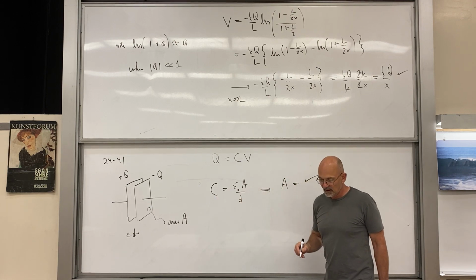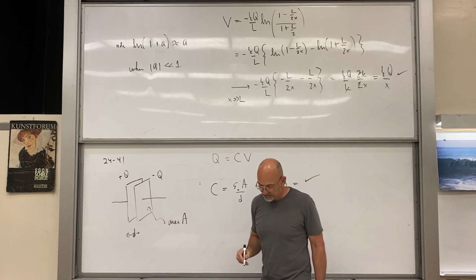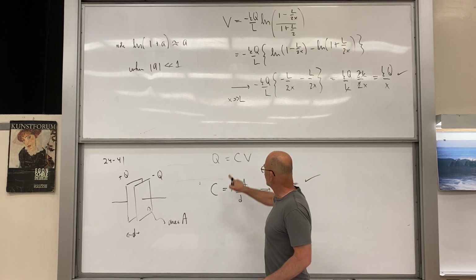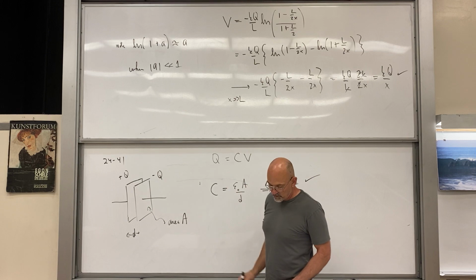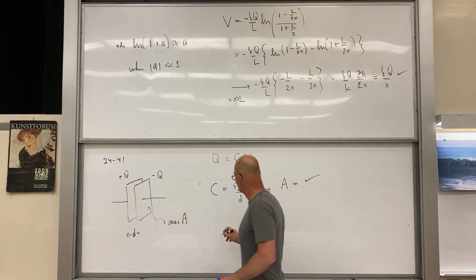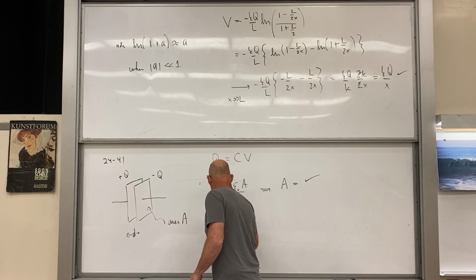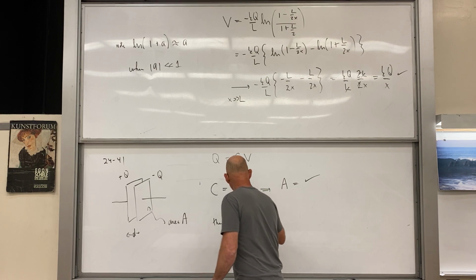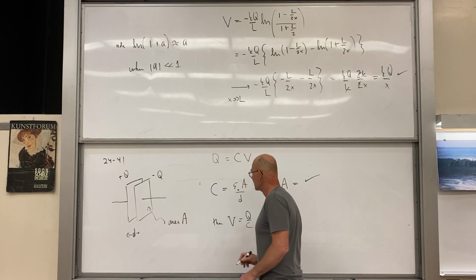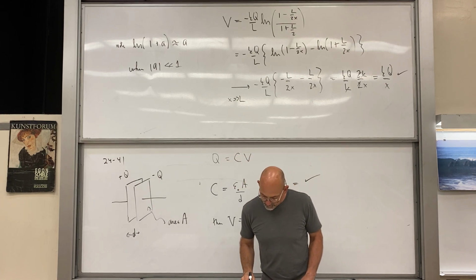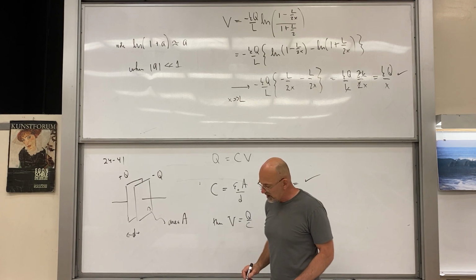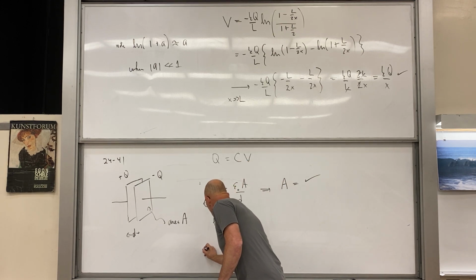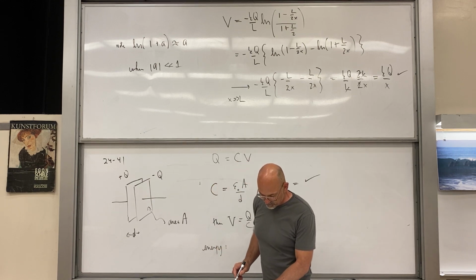Okay. What else was in the problem? And then from this, what were we solving for? V. So V is equal to Q over C. And they may have asked for the energy as well. Actually, that'll be good to have up on the board for what we're going to talk about.